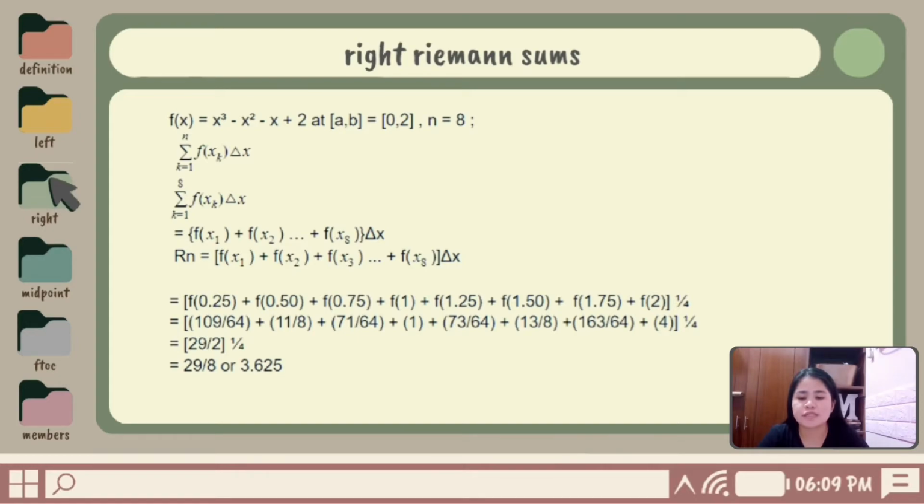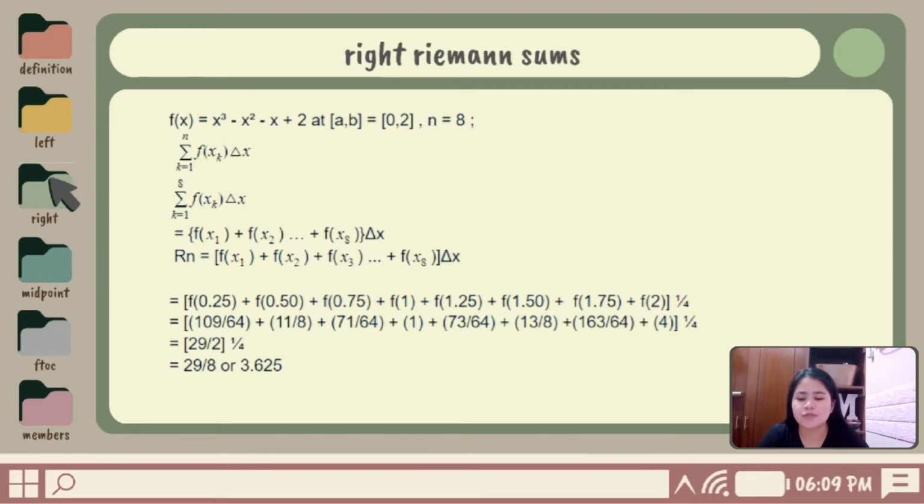Then, we have to consider the x sub 1 to x sub 8. f of x sub 1 plus f of x sub 2 plus up to f of x sub 8 times delta x. R_n is equal to f of x sub 1 plus f of x sub 2 plus f of x sub 3 plus up to f of x sub 8 times delta x.